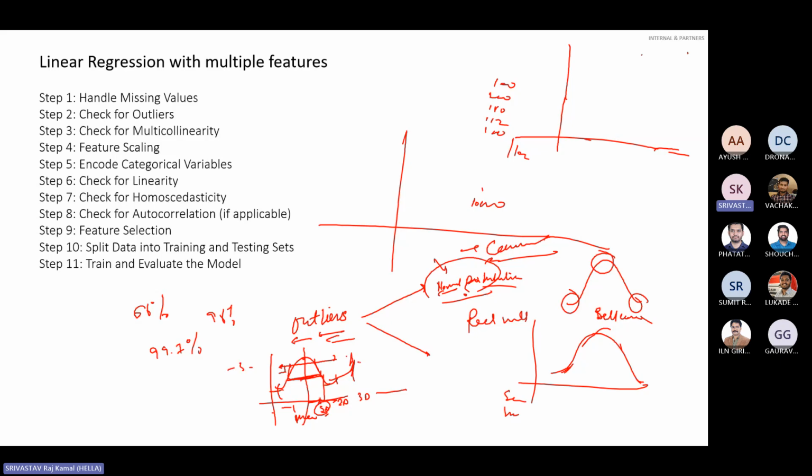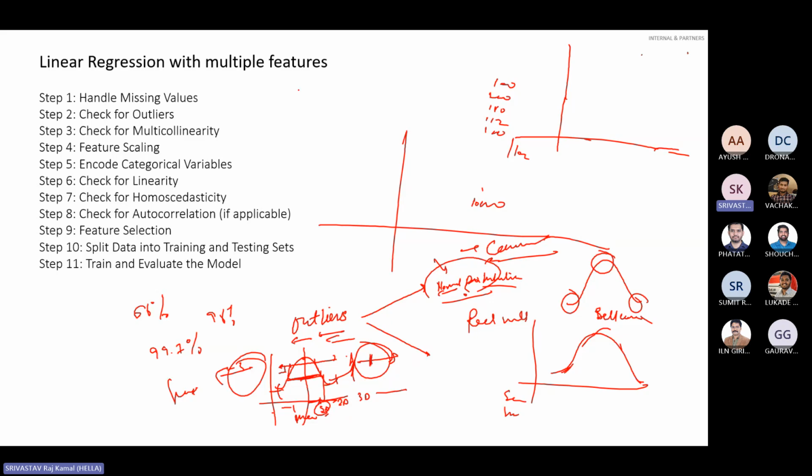Anything which goes beyond that, that is the outer reach, and we call those values outliers. If I'm very strict, say I am working in the finance domain, three standard deviations becomes my outlier.